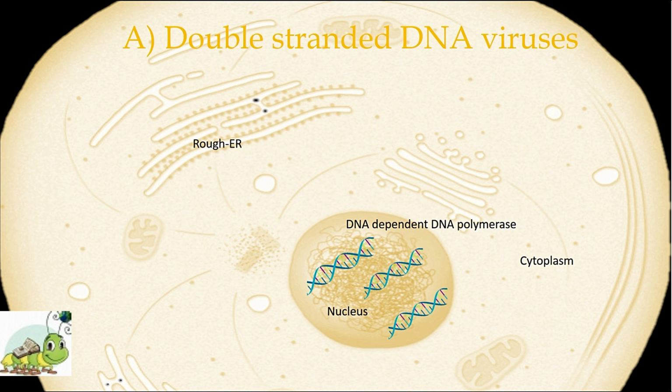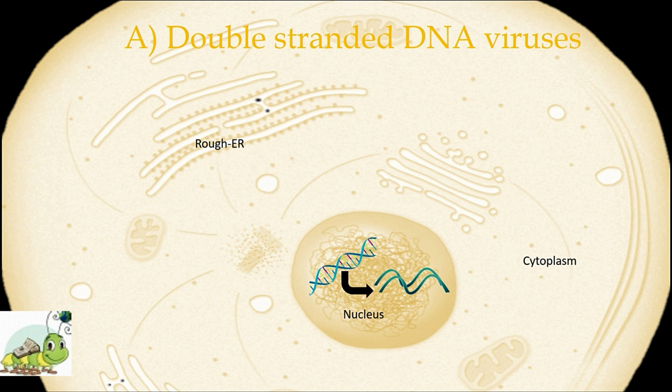The viral-coded DNA polymerase allows the replication of the viral genome, which generates progeny DNA strands. Matrix proteins serve to provide a scaffold for the replication of viral nucleic acid and of viral progeny particles. In the electron microscope, matrix proteins look like electron-dense formations and are called inclusion bodies.